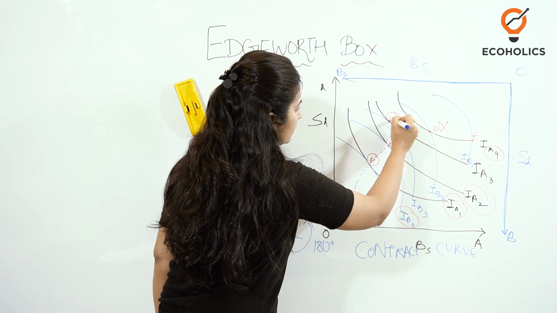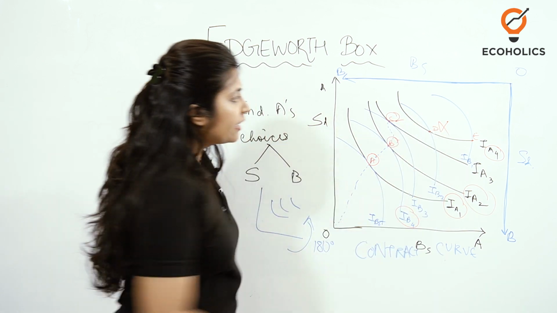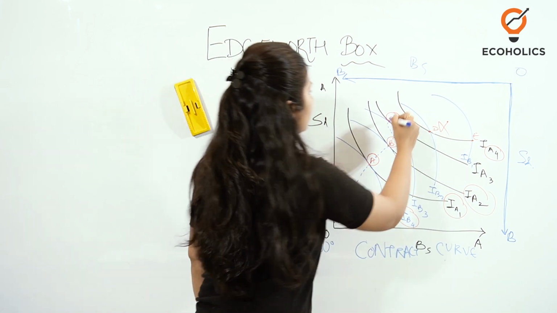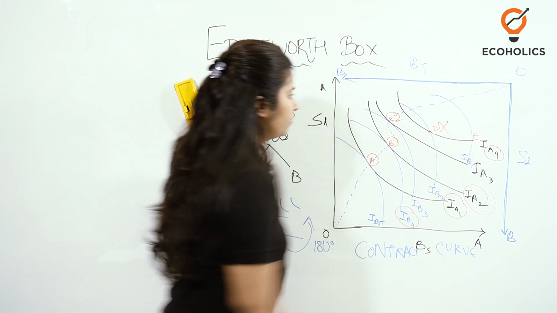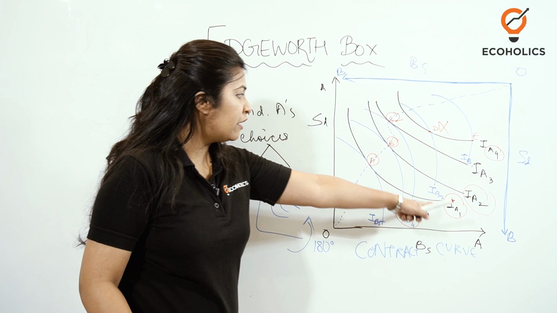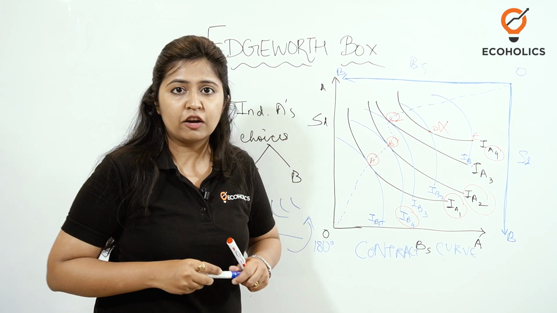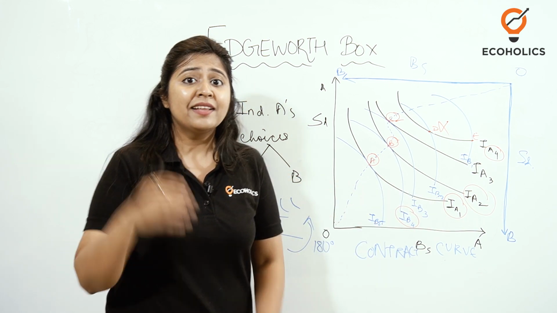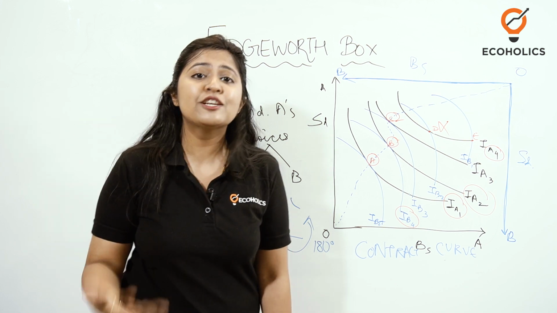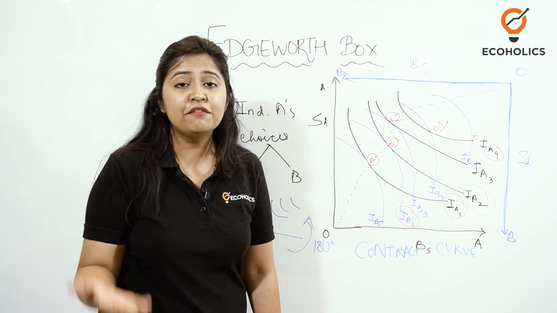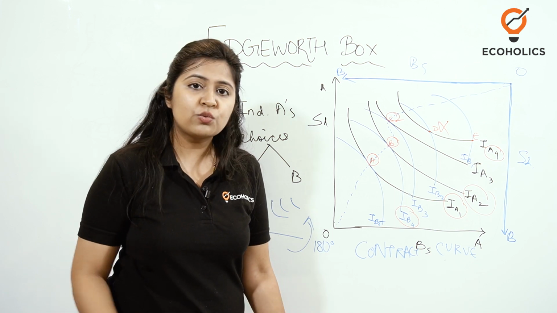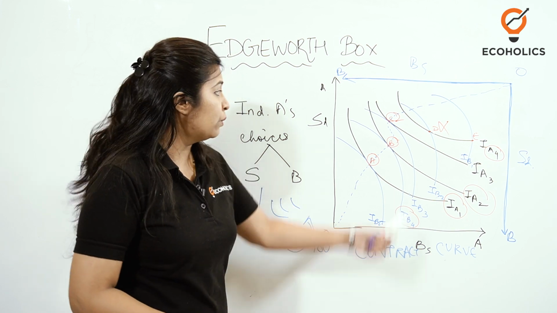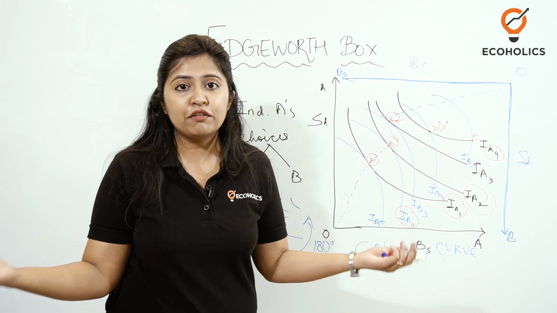So if I join from point O, I'll join these points. However, after C, I cannot find any point of tangency. So after that, I'm just going to go to the origin. Now, I have made only 5 and 4 indifference curves respectively for each individual, but there can be numerous combinations of two goods which can give an equal amount of satisfaction, and which is why, from a realistic point of view, there can be plenty of indifference curves.